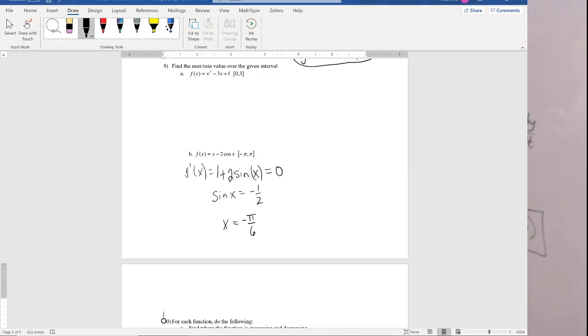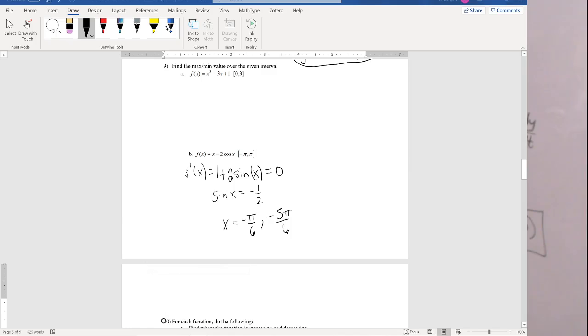Seven pi over 6 works. Anything else? So the other value should be negative pi over 6 and negative 5 pi over 6 are your critical values.